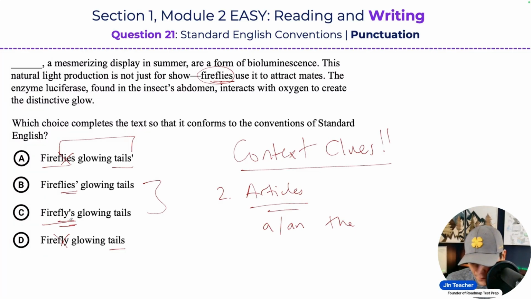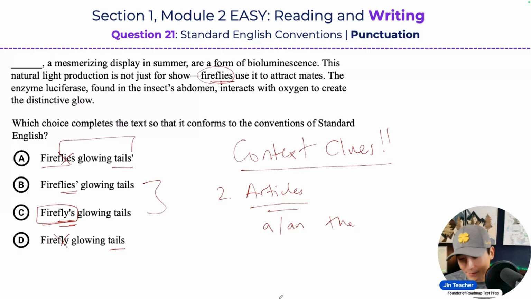If you have a singular possessive, like answer choice C, right, where the apostrophe comes before the S, you have to have an article before it, okay? So you have to have like an article before the singular possessive. If there is no article before a singular possessive, it's not grammatically correct, right?